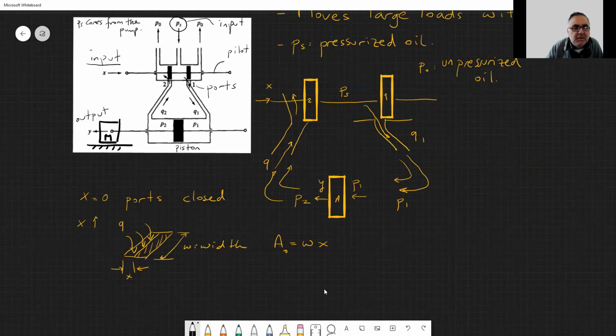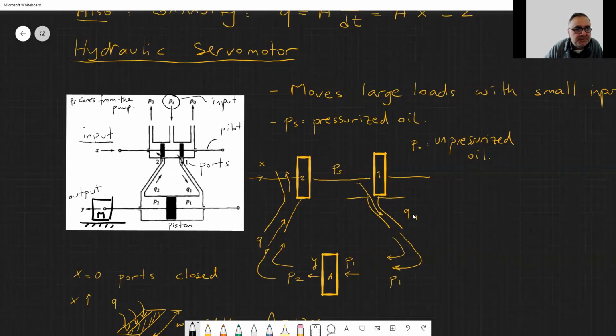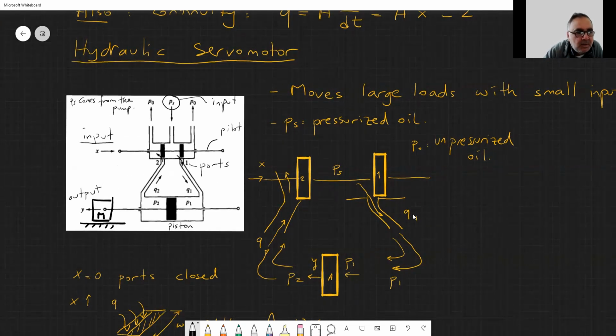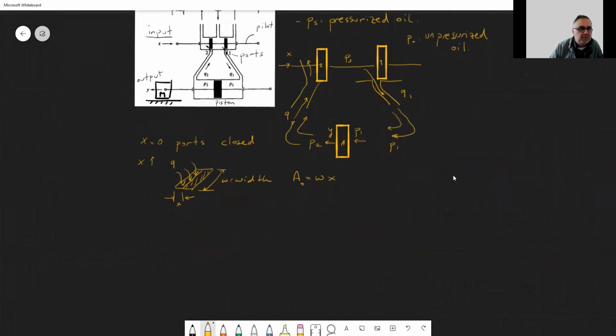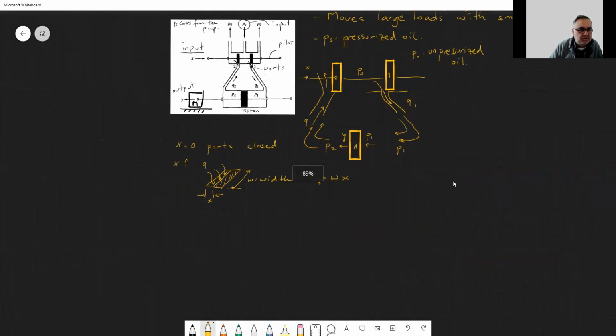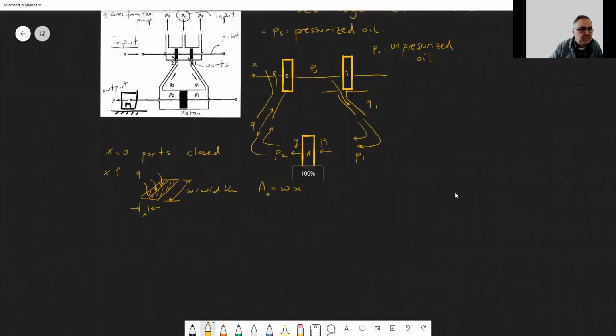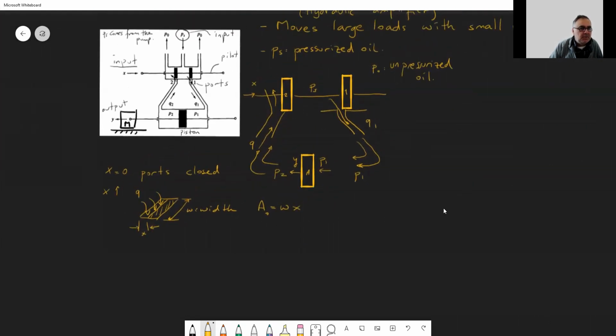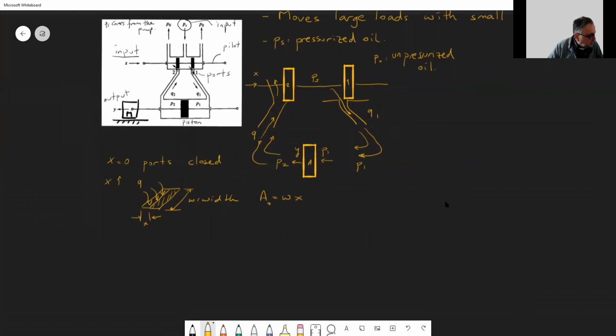So this is, you might call it, a hydraulic amplifier. You can generate very, very high amounts of force using this kind of device. So, okay, this is the verbal description of the device. I hope you could understand it.